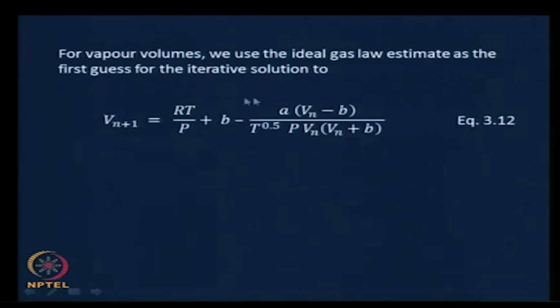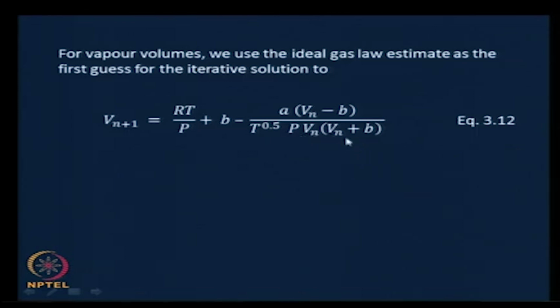This is the iterative form that we found to be most useful for finding the vapor volumes: V(n+1) equals RT/P plus B minus A times (Vn minus B) divided by T to the power 0.5 times P times Vn times (Vn plus B).